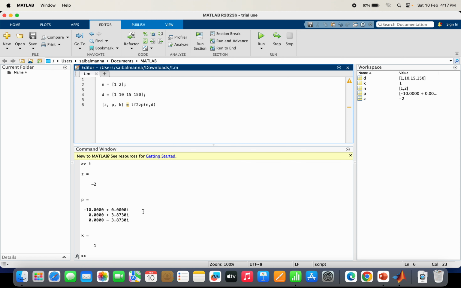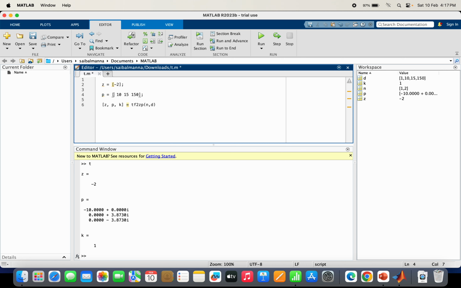Okay, next we try to find the numerator and denominator by using the zeros, poles and k, meaning it will be the reverse. Let's take any z. Here we consider z as minus 2, and consider poles.